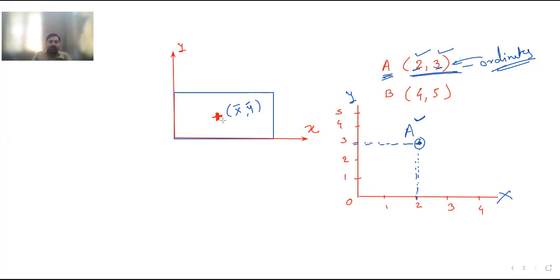Same way x bar and y bar are there for this centroid point. So from the y axis, whatever the distance of the centroid is, this horizontal distance is called x bar. And from the x axis, whatever the distance of the centroid is, this is called y bar.